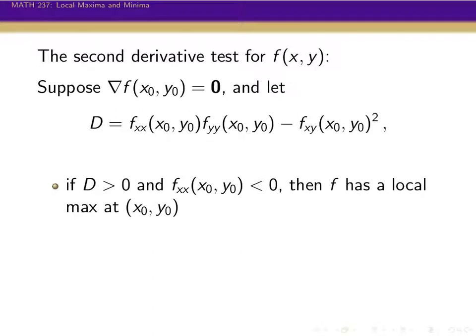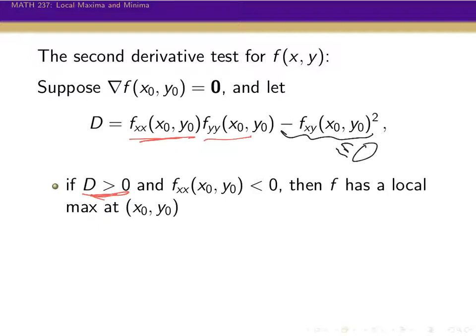Well, since we're subtracting f of xy squared, this part of it right here, because we're squaring it, that makes it positive, but then we're subtracting it off. That part has to be less than 0. Right? And so the only possible way to get d to be greater than 0, well then these two partials, fxx and fyy, have to have the same sign, and their product has to be bigger than f of xy squared. And so that's what's happening if d is bigger than 0.